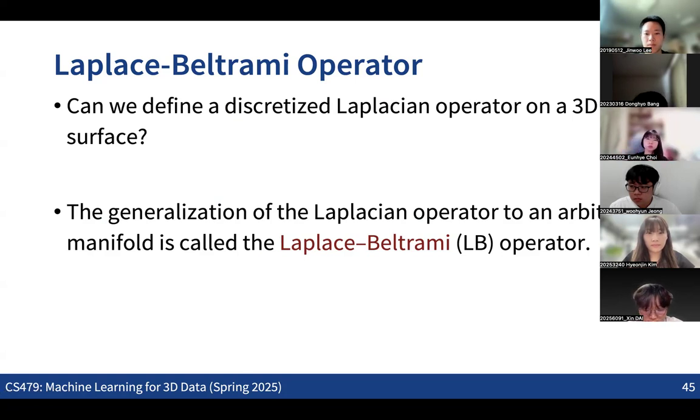This generalization of the Laplacian operator, defined not for functions in Euclidean space but for functions over an arbitrary manifold, is called the Laplace-Beltrami operator. Basically it is the same Laplacian operator, but for functions defined over the surface.